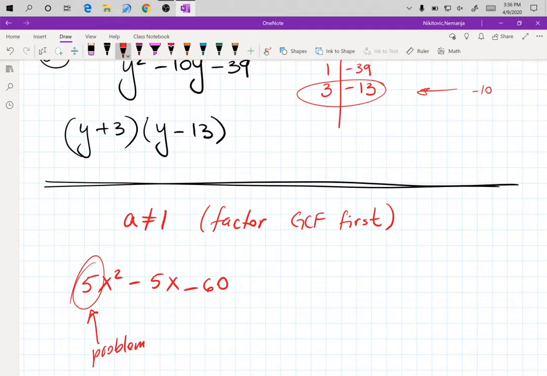What we need here is to realize that last class we learned about pulling the greatest common factor. We remember that we are supposed to factor that in front of the whole expression.